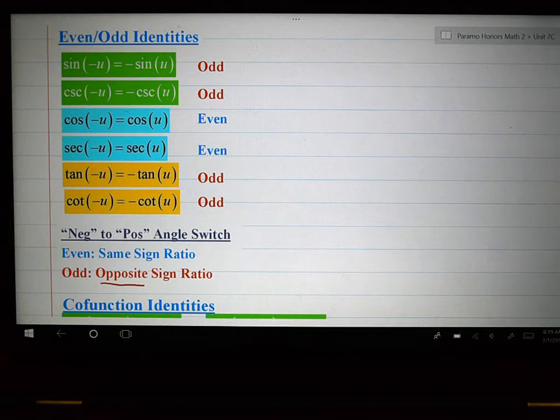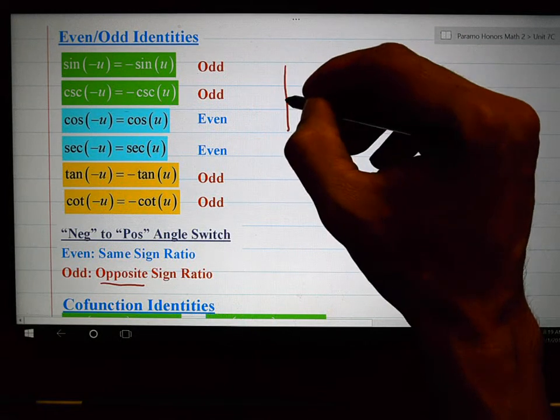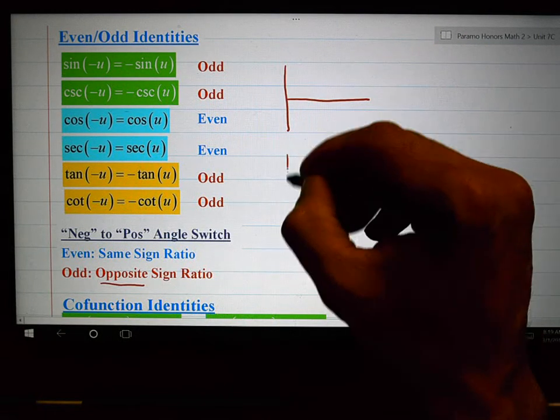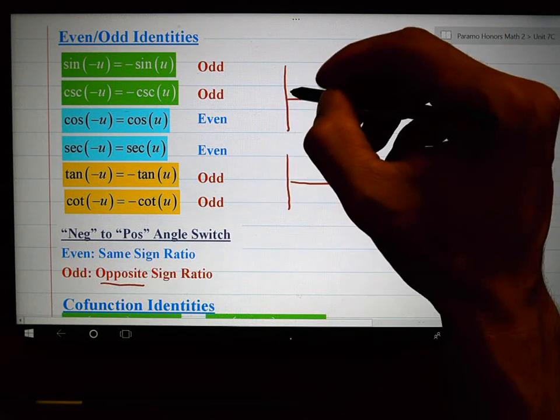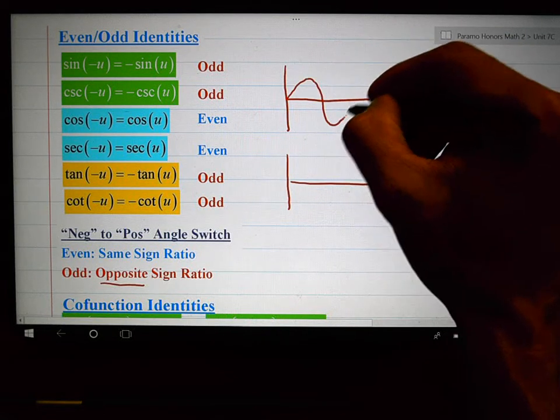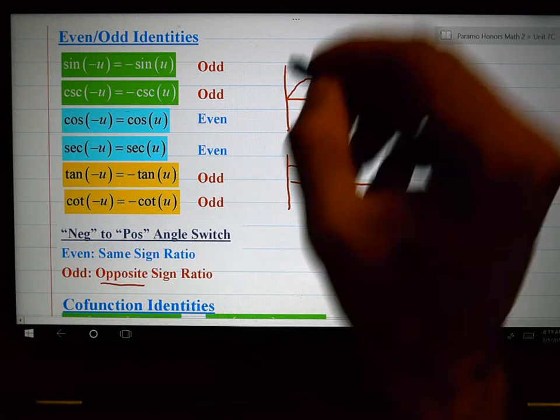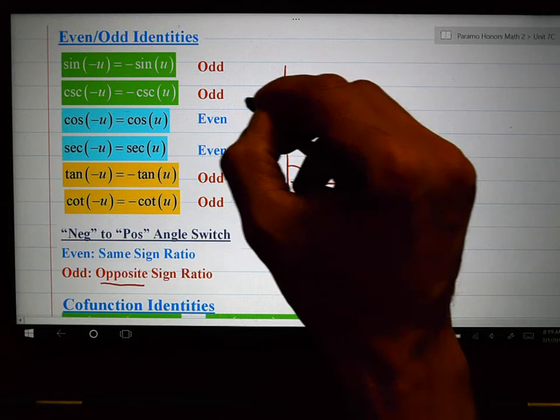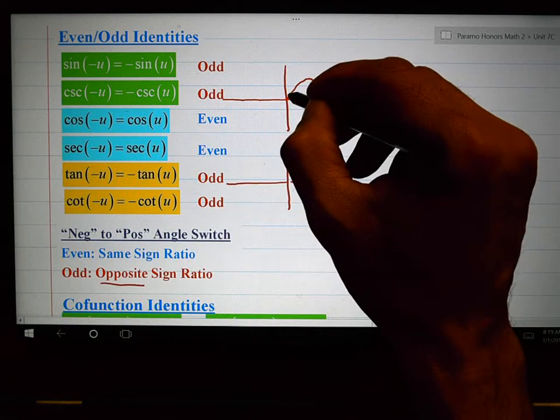Now the reason why, if you really, really want to know, the whole even and odd thing is based off of sine and cosine. If I were to draw sine this way, and I were to draw cosine this way, but then I were to go and stretch this line out to the left, here's what the deal is.